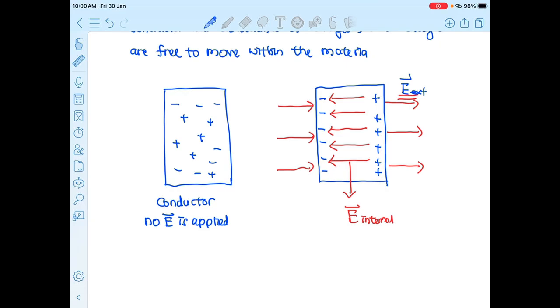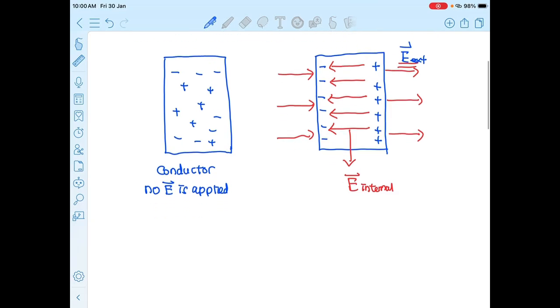As a result, the two fields cancel each other, and there is no electric field inside the conductor.